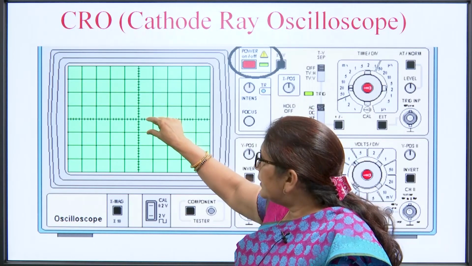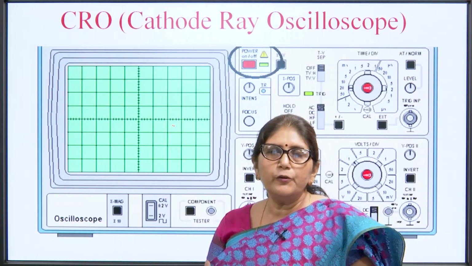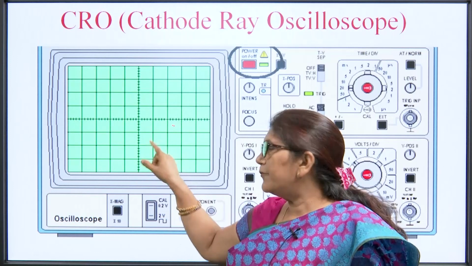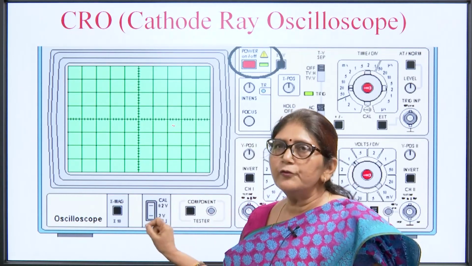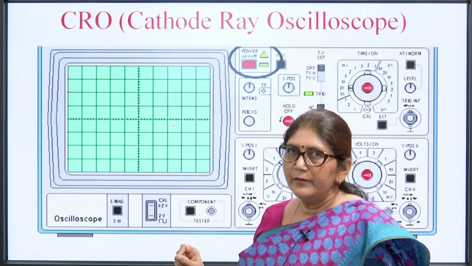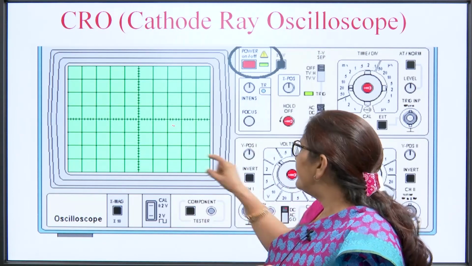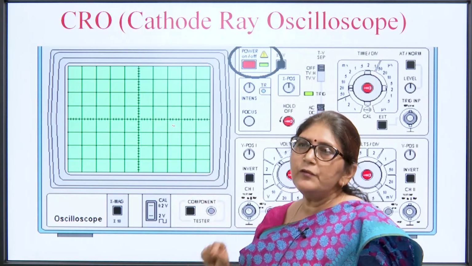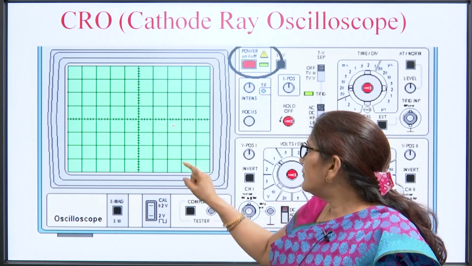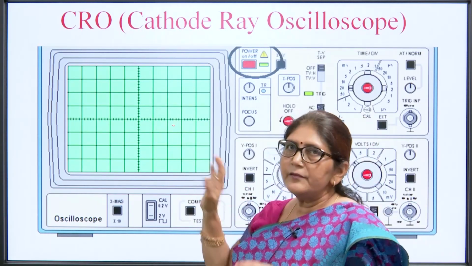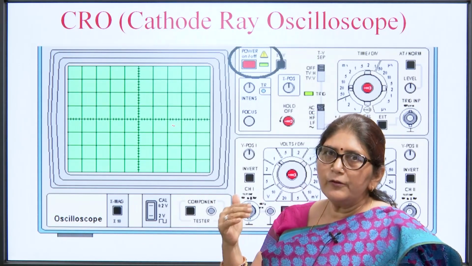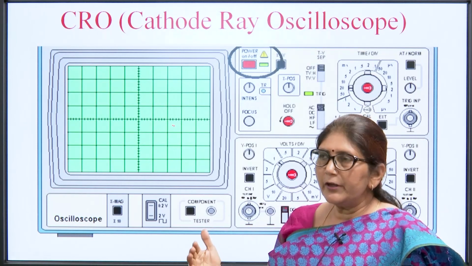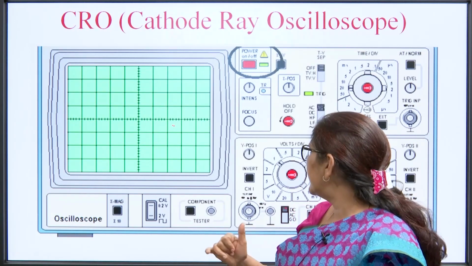With 5 subdivisions, one subdivision value is 2 divided by 5, which is 0.4 volt. So, whatever signal is displayed on the screen, we can calculate the value of the voltage, the peak to peak value, and the amplitude of the voltage.